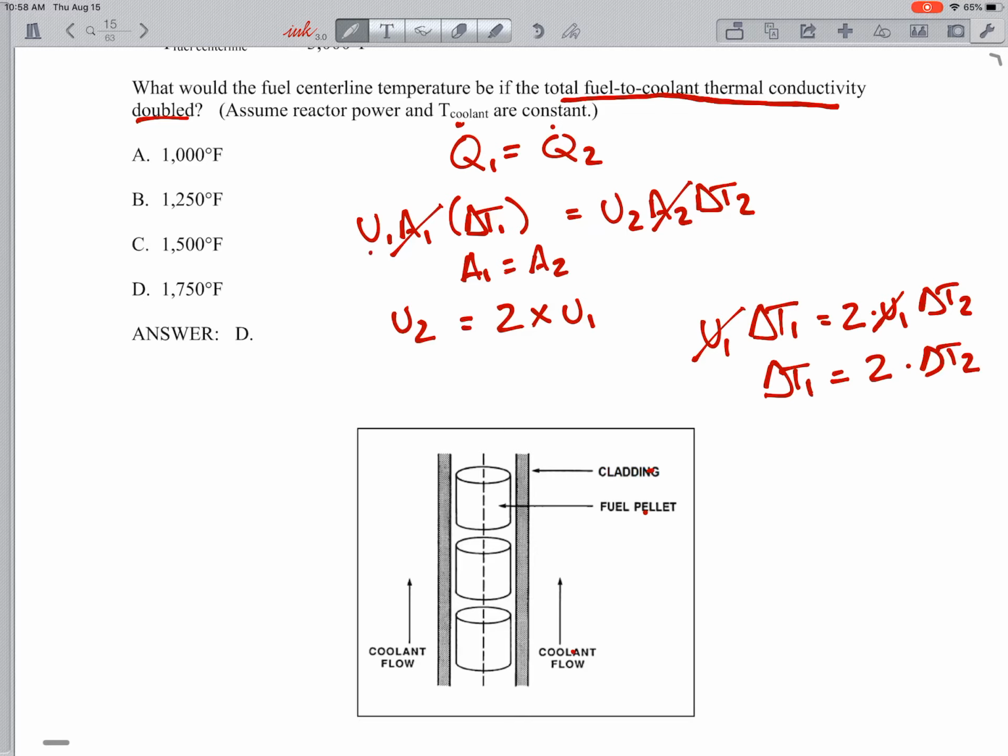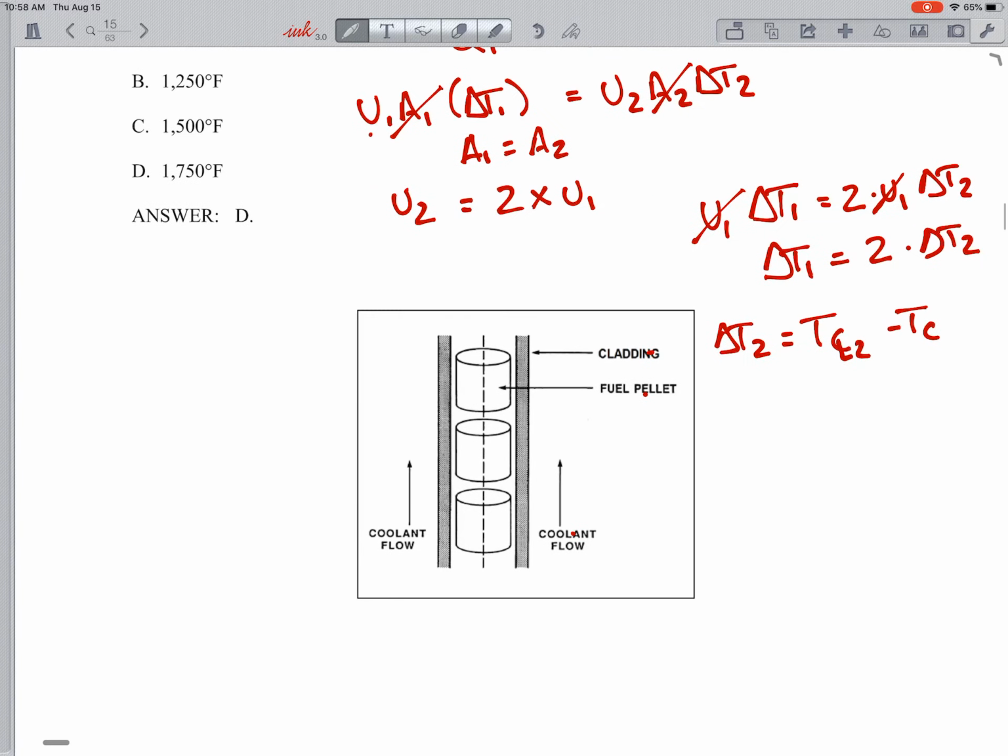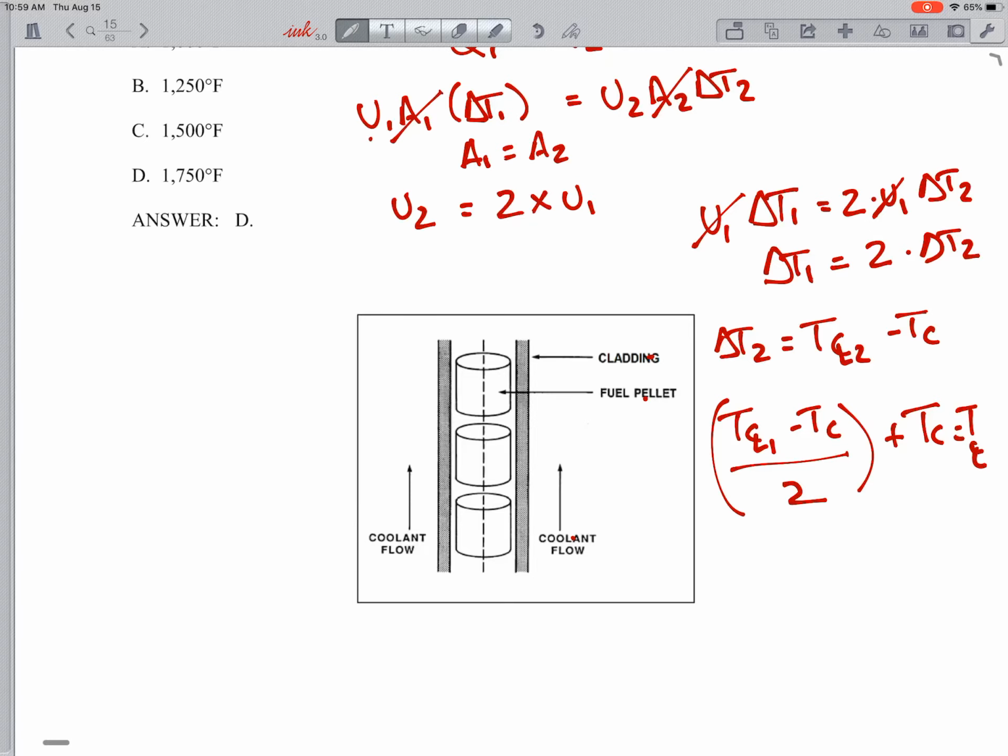And so we are looking for delta T2, which is going to be equal to temperature centerline 2 minus temperature of the coolant. Okay. So I'm going to go ahead and say temperature of centerline 1 minus temperature of the coolant divided by 2 plus temperature of the coolant is going to be equal to T centerline 2. Sorry, I messed it up.